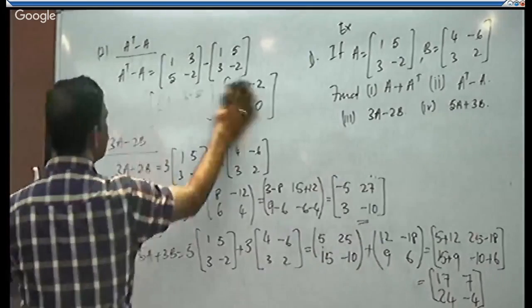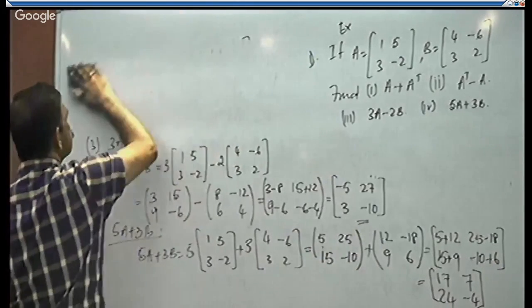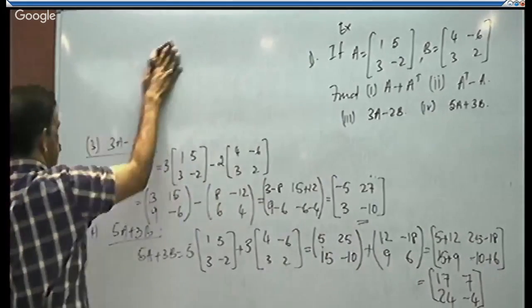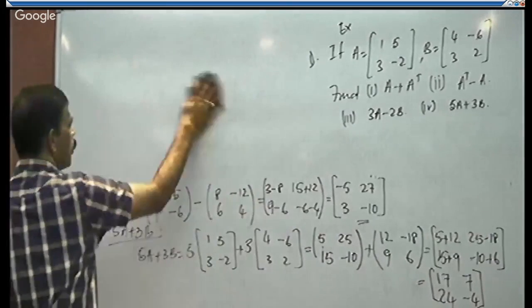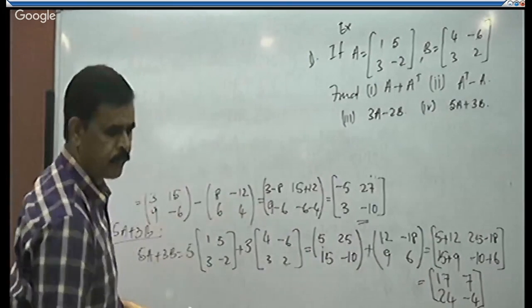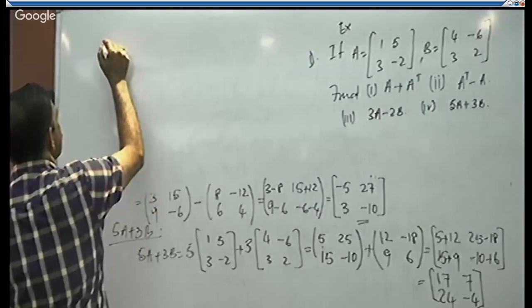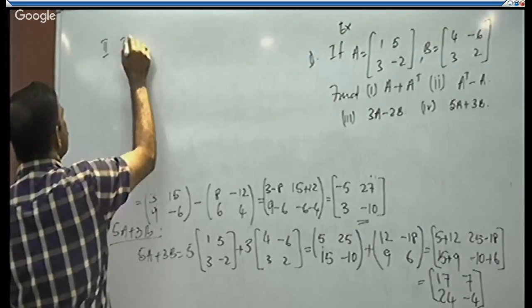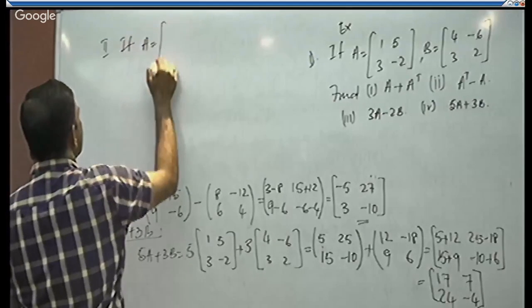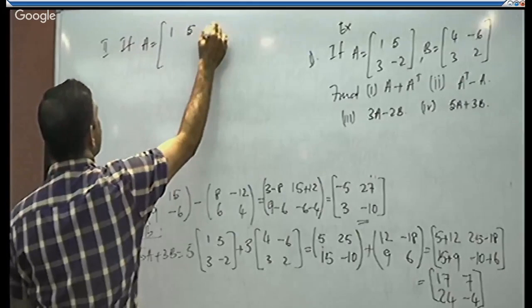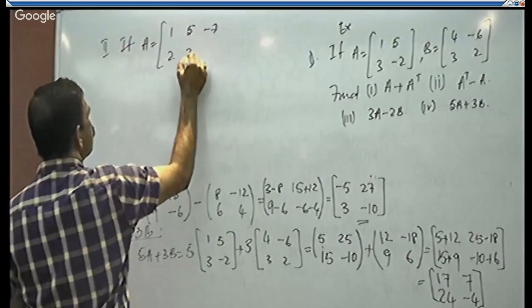Let us take one more example. Second example. If A is equal to 1, 5, minus 7, 2, 3, 8.